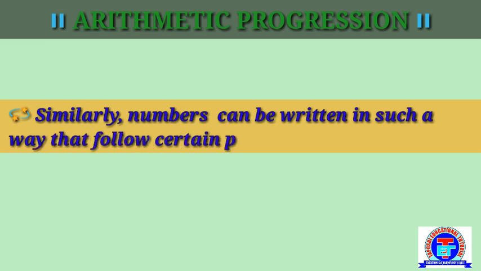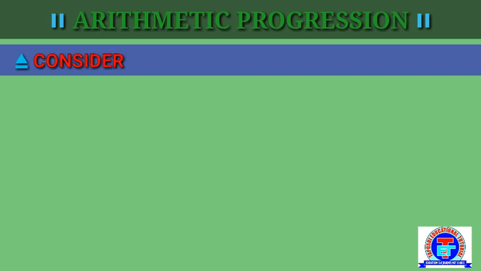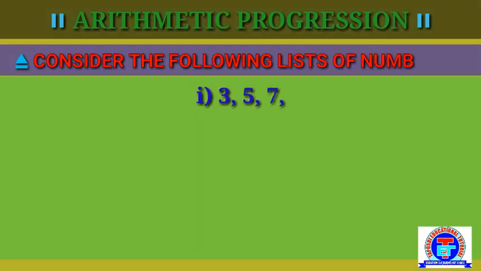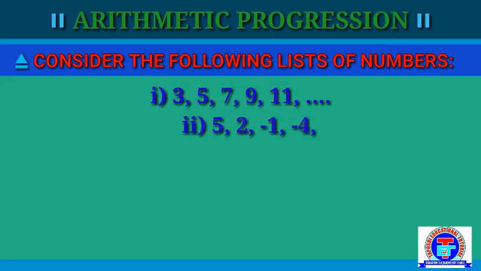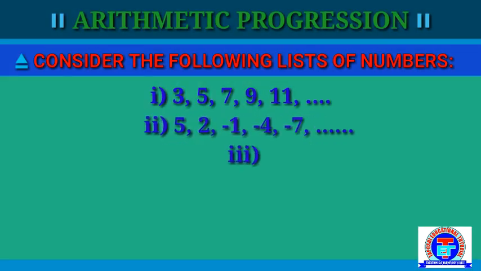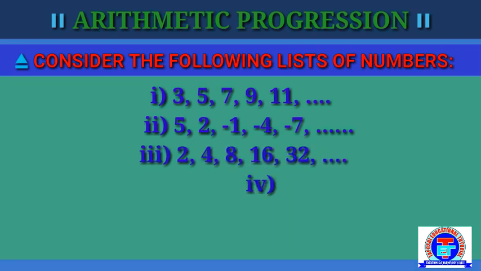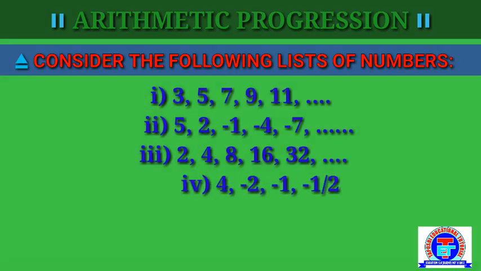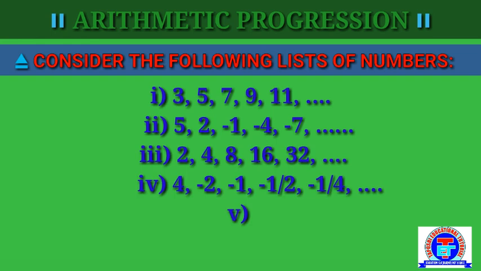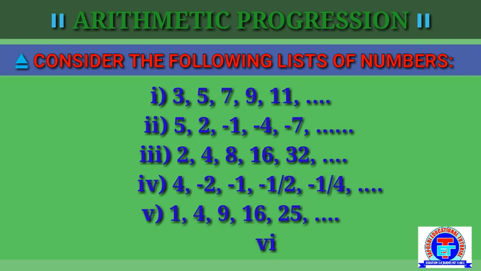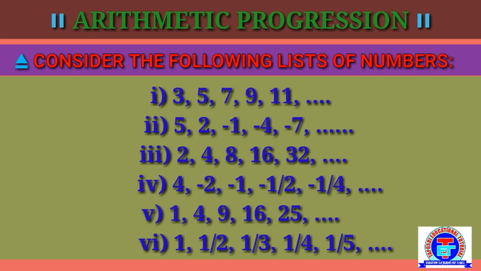Similarly, numbers can be written in such a way that they follow certain patterns or rules. Suppose we consider the following lists of numbers. Number 1: 3, 5, 7, 9, 11, and so on. Number 2: 5, 2, minus 1, minus 4, minus 7, and so on. Number 3: 2, 4, 8, 16, 32, and so on.